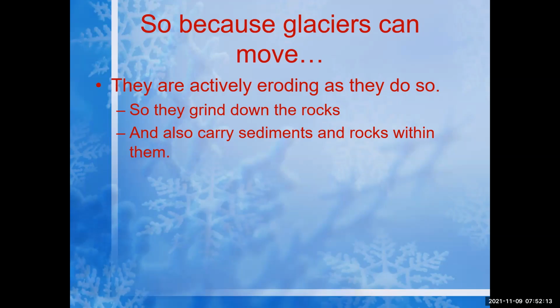The ice itself might do a little bit of grinding down of rocks and polishing rocks as it moves across them. But I will note that what's doing a lot of this erosion is actually performed by the sediments and the rocks that these blocks of ice carry.